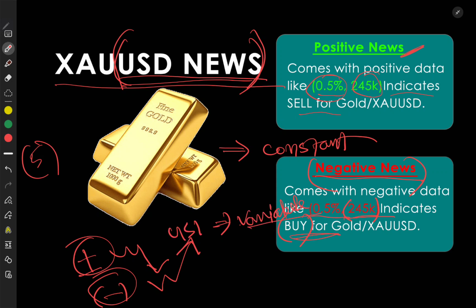Variable means it can be changed. So if data come positive, so if USD gets stronger, that means weaker for gold. If USD gets weaker, that means strong for gold. Okay, this is the basic thing.